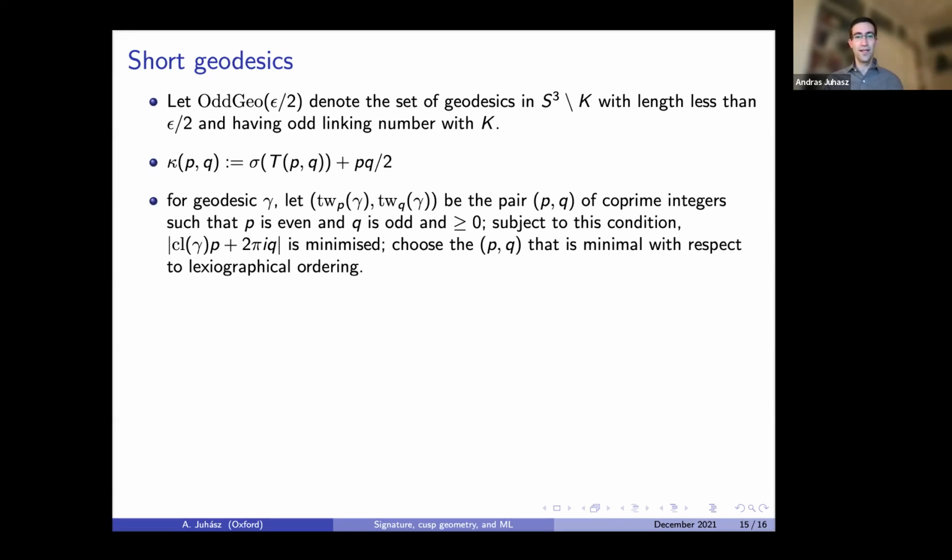It's a pair of integers, twist p of gamma and twist q of gamma.